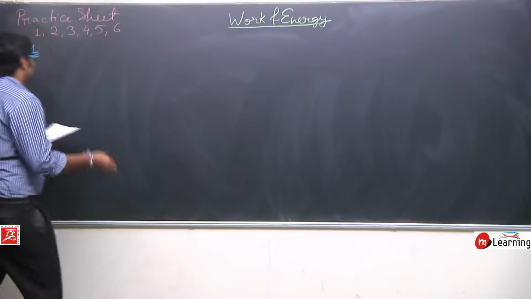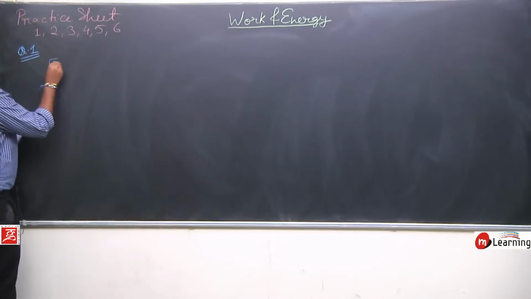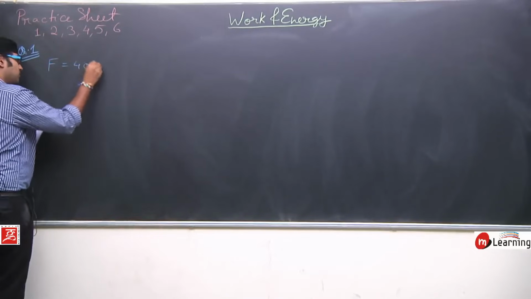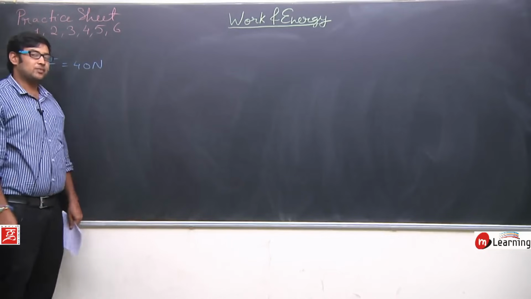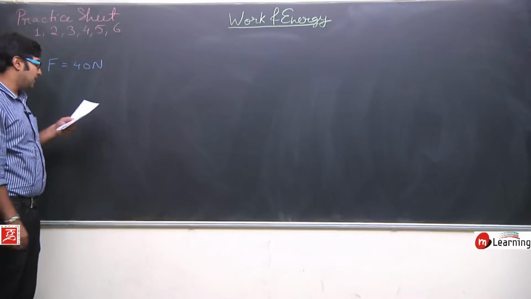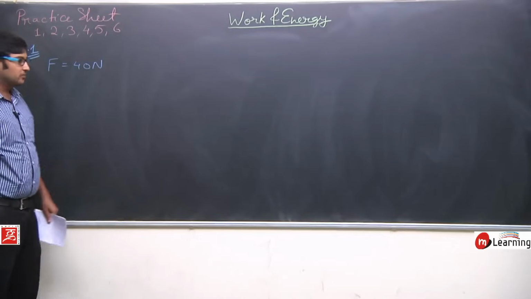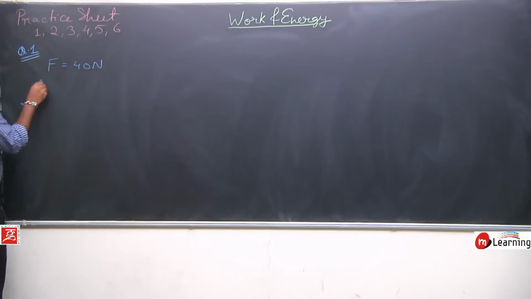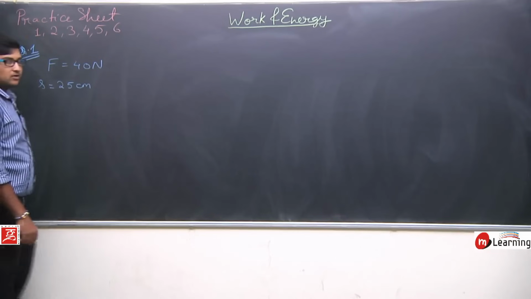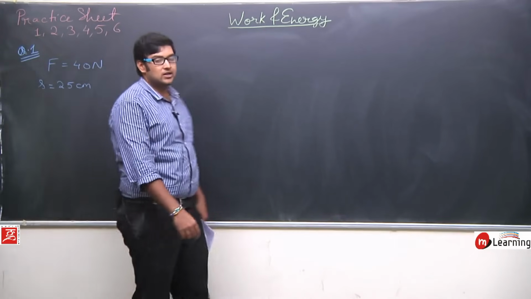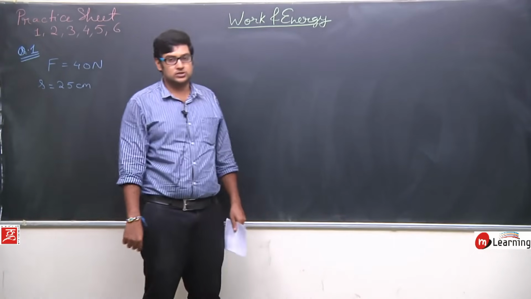Due to this force, the book has moved by 25 centimeters. Now the displacement of the book is 25 centimeters. Our task is to calculate the work done by this force.